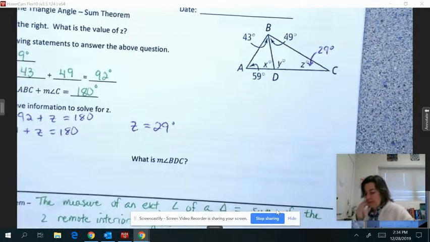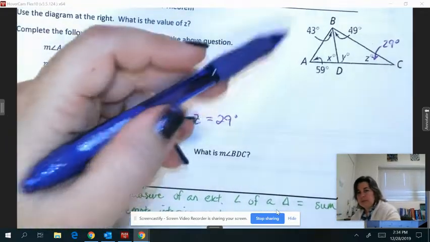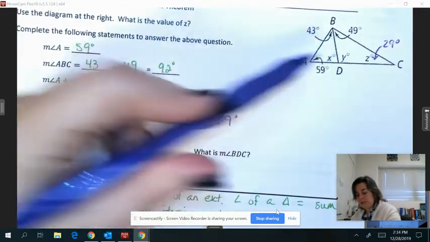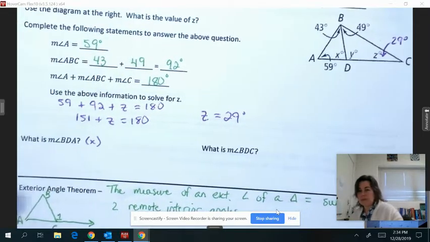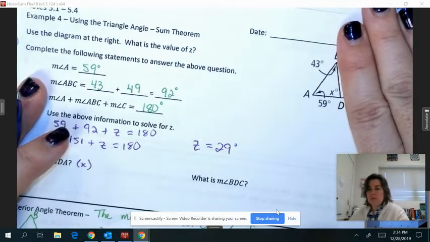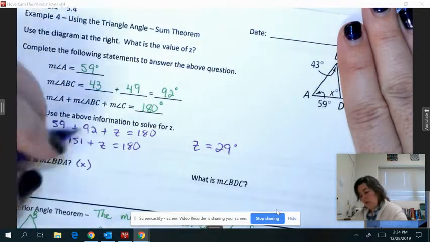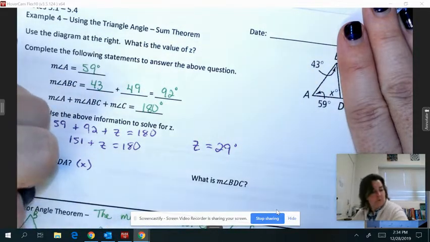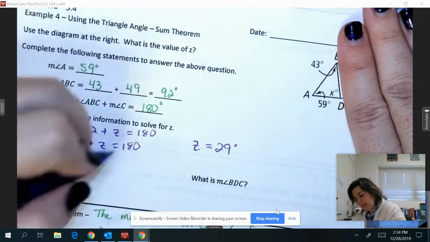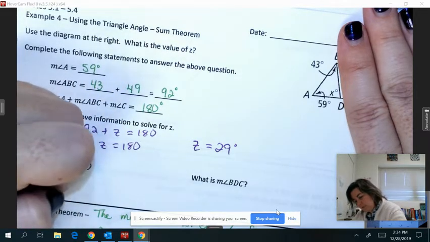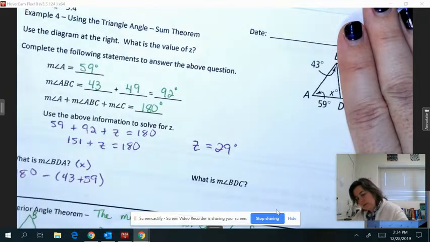Okay. So the next question is, what's the measure of angle BDA? BDA is represented by X. I'm going to put an X in parentheses. They're basically saying, what does X equal? And I can ignore this part of the picture. Okay, so I have two angles of the triangle. I'm trying to find the third. So you do 180 minus the two angles added up. 43 plus 59.